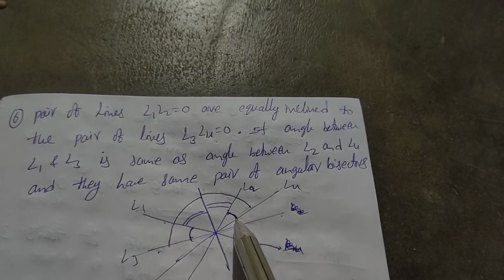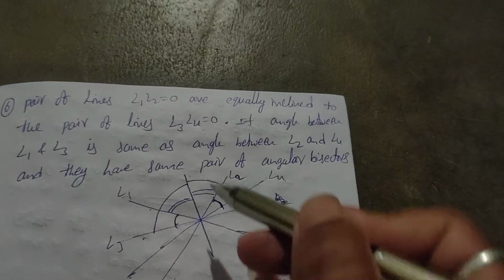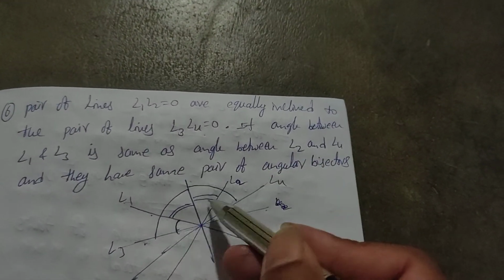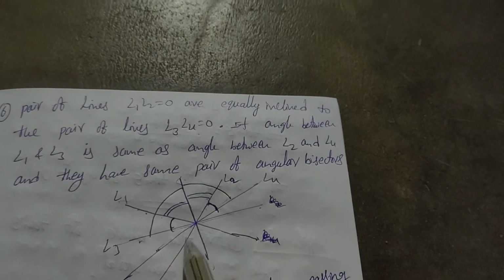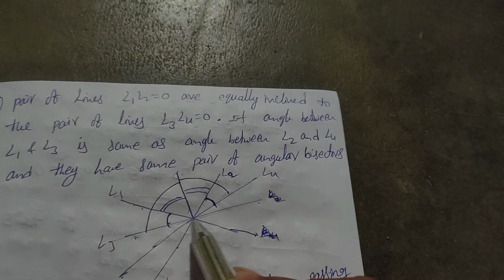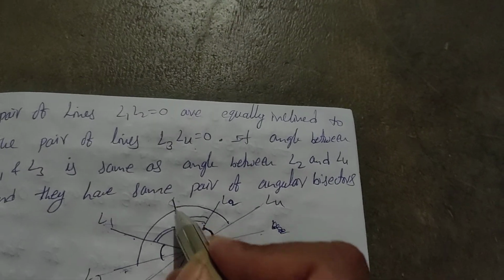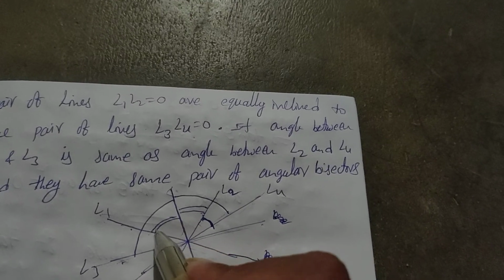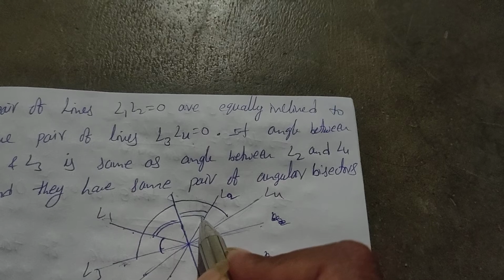If you take one angular bisector of L1 and L2, for suppose this is the angular bisector of L1 and L2, the same will be the angular bisector of L3 and L4 also. That means the angle from this line to L1 and from this line to L2 are equal.